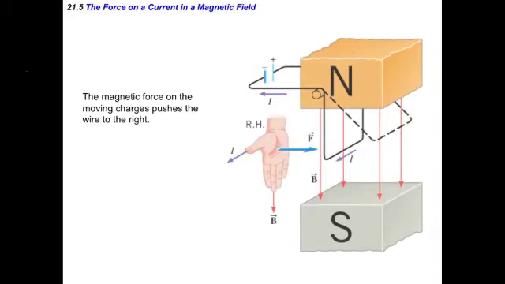As you saw in the video, a magnetic force can actually get a wire to move all on its own by having a magnetic field. The reason for this is because there's a magnetic force being applied on the wire.